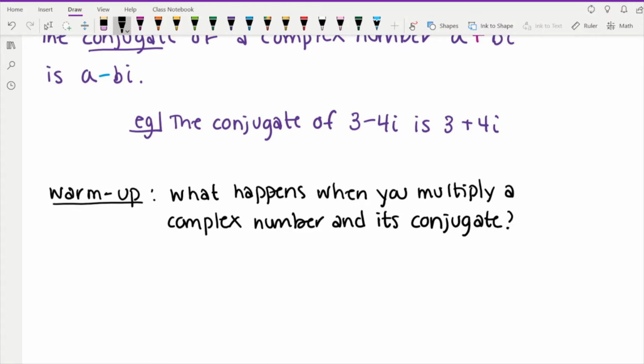The example you might want to do is the one we just wrote up there. For example, multiply together 3 minus 4i and 3 plus 4i. So pause the video, take a minute to try to multiply those together and see how much you can simplify your answer. You're going to want to FOIL it out the way you normally would with an expression that looks like this, and then see what you can do to simplify.